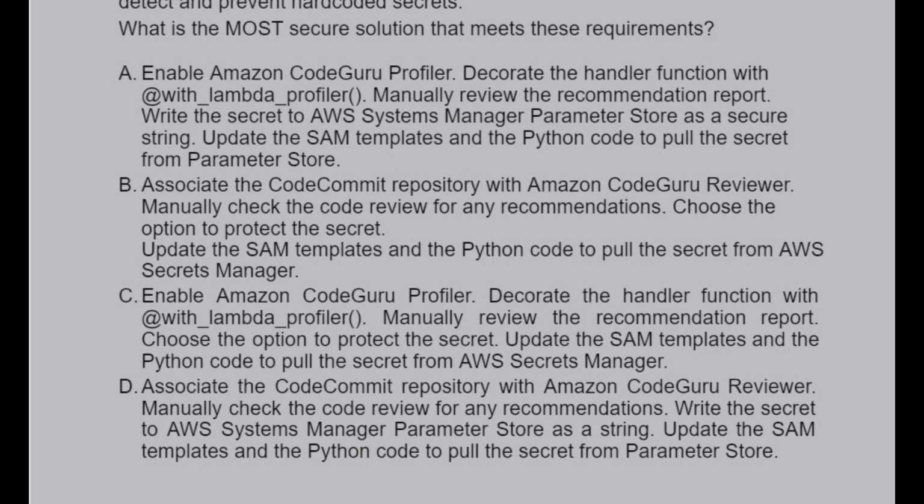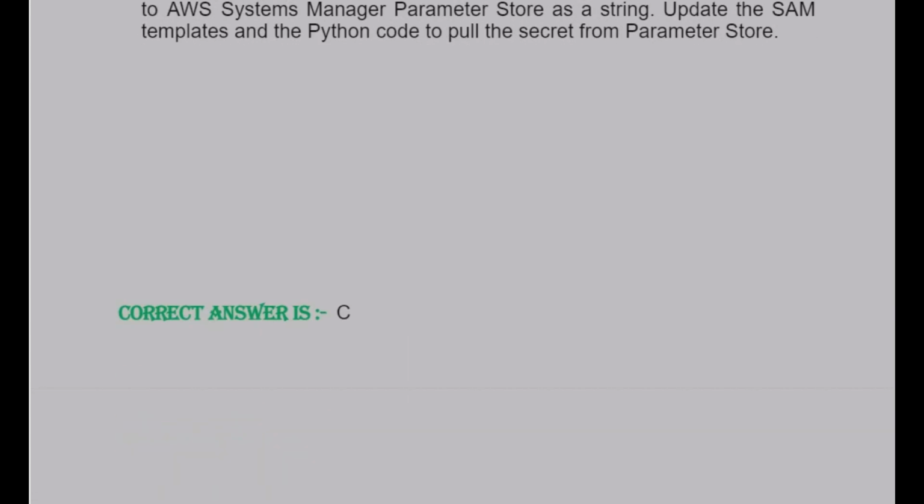Option D. Associate the CodeCommit repository with Amazon CodeGuru Reviewer. Manually check the code review for any recommendations. Write the secret to AWS Systems Manager Parameter Store as a string. Update the SAM templates and the Python code to pull the secret from Parameter Store. Correct answer is option C.